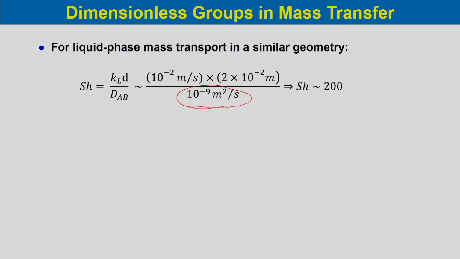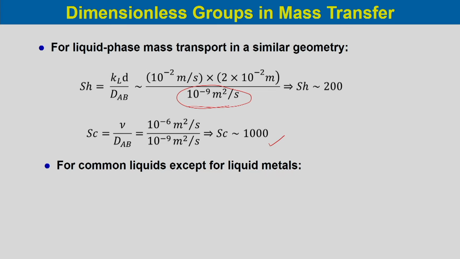So, if we substitute in case of liquid phase, the Sherwood number is approximately 200. The Schmidt number we can also calculate, it is about 1000. Basically, for most of the common liquids the Prandtl number ranges between 10 to 100, and the Schmidt number varies between 400 to 10,000.